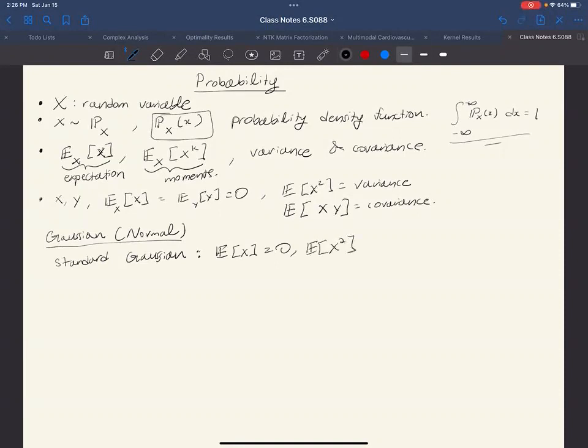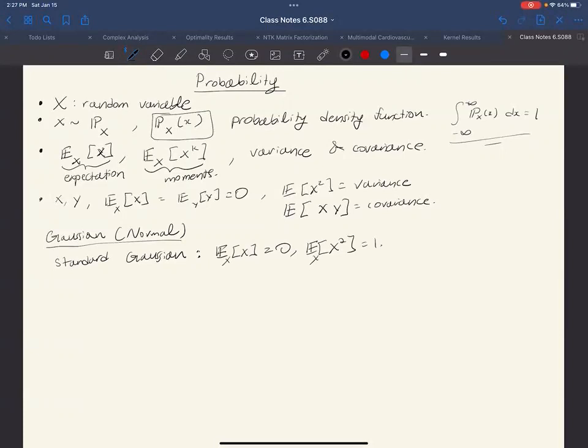Because it's mean 0, we have this property for the variance: expectation of X squared is just 1. In cases where it's clear what the random variable is and what we're taking the expectation over, I'll usually drop this subscript. But in other cases, like when we do computations with neural networks and corresponding kernels, I'll write it out clearly to make sure what we're taking the expectation over.